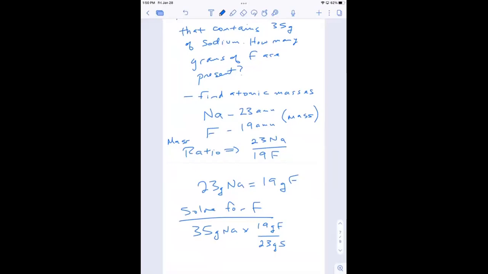So if I know the amount of sodium, I put it here. The grams of sodium are going to cancel, and then that's going to give me a number. Can somebody look that up or type it in to your calculator?